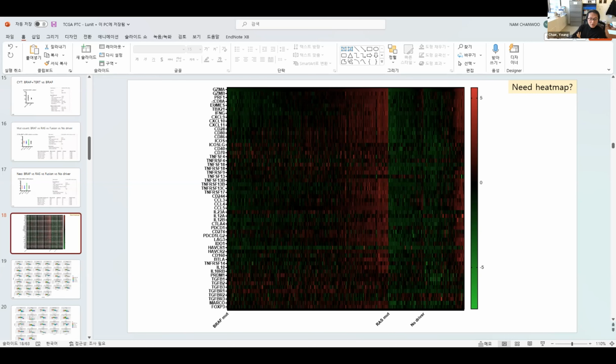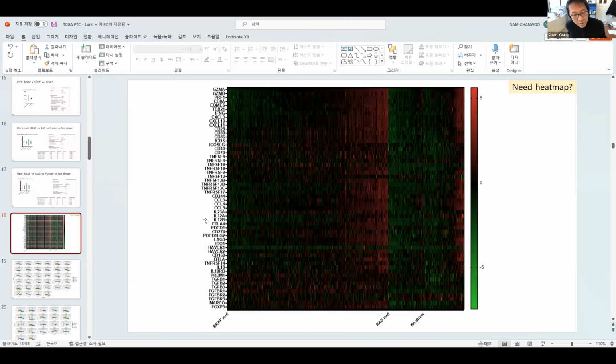So what does this tell you? Driver versus no driver? My plan was to do BRAF mutation, RAS mutation, fusion, and no driver. But while I was doing it, I left out the fusion genes, which is like 10 to 20 samples. So this is actually up to here, IL-12. This is the immune inflammatory cytokines, and these are, what do you call, forgot the name.